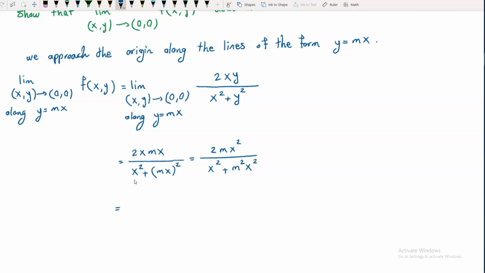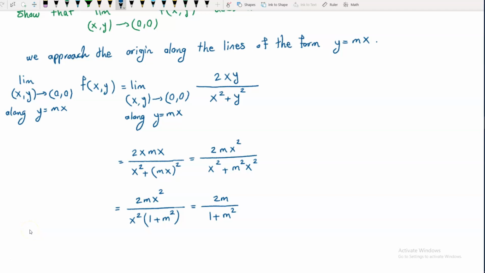Now we have a common factor x squared, so x squared times 1 plus m squared. We can simplify by canceling x squared, and we get 2m over 1 plus m squared.